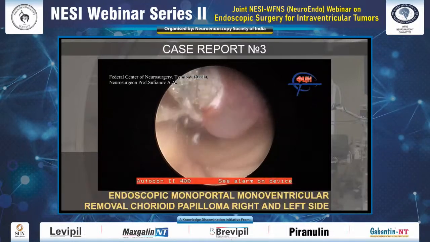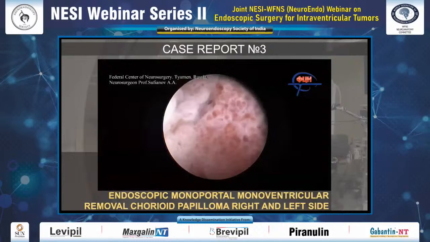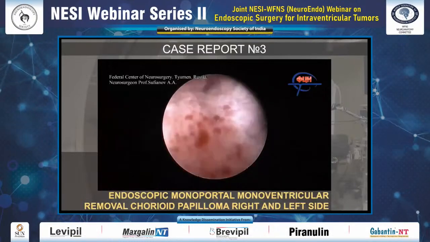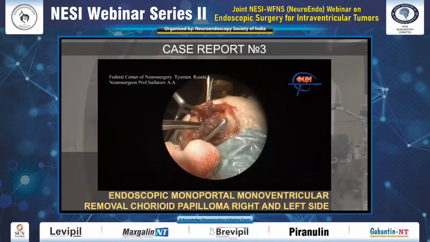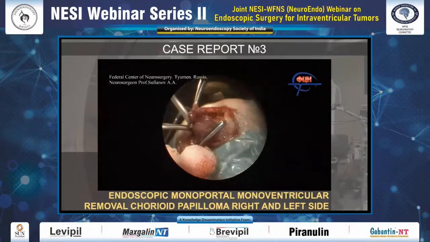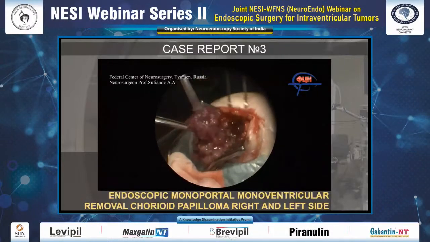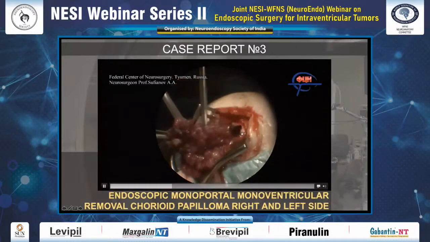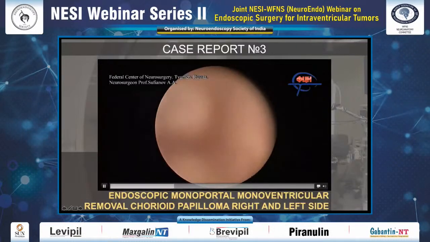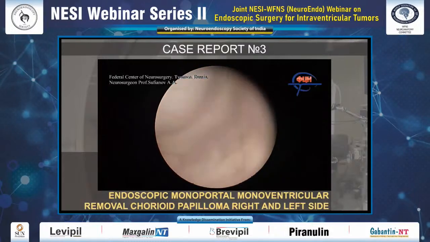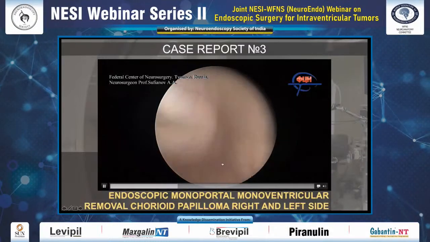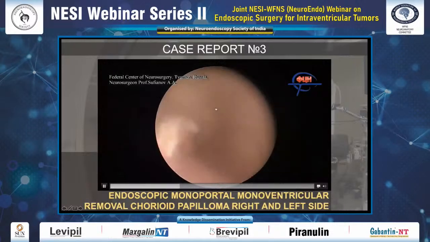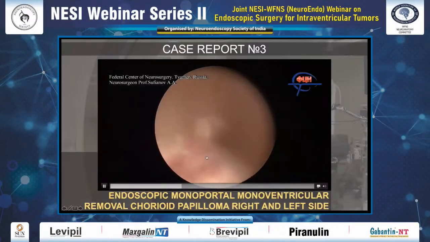But you must cut only the coagulated part. If you work like this, no problem. If you cut non-coagulated vessels, it will be a problem. And this is how we remove a big tumor. Check, no tumors, totally removed.